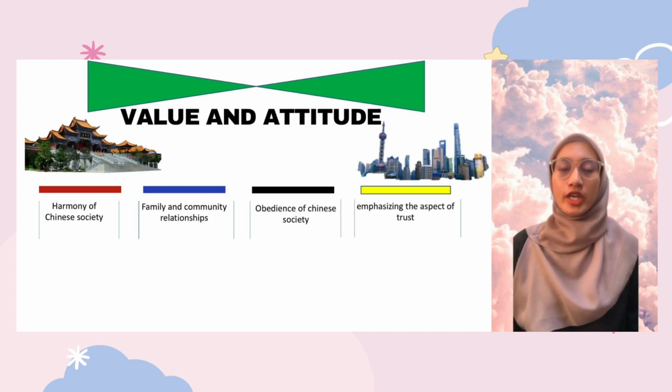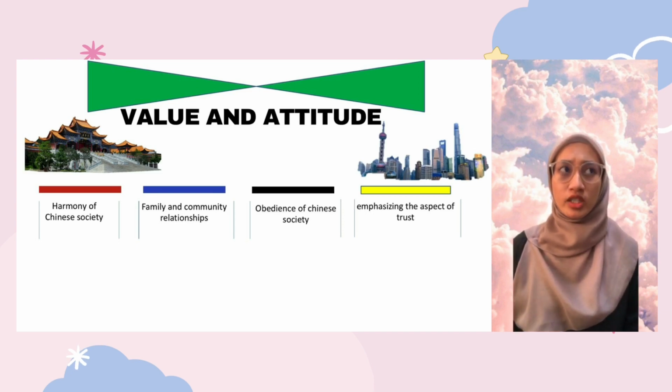Last value is emphasizing the aspect of trust. Chinese society is more concerned with the aspect of belief that can provide well-being, prosperity, happiness, and wealth. Most of them tend to the concept of virtue in moral and ethical terms for humans.